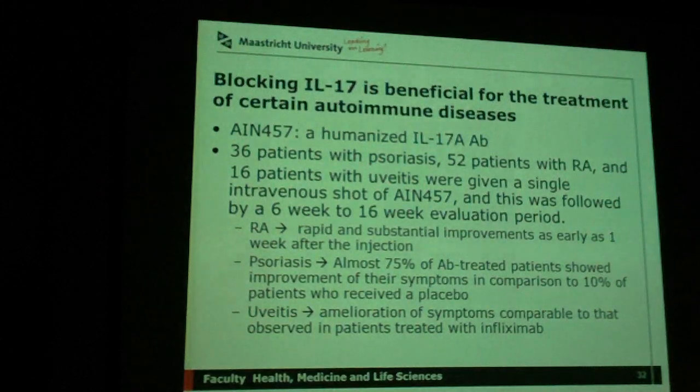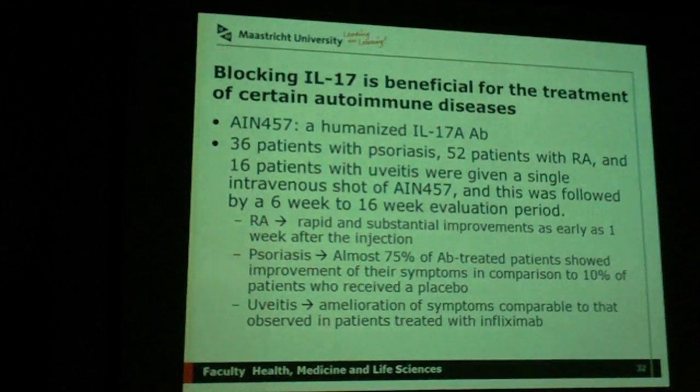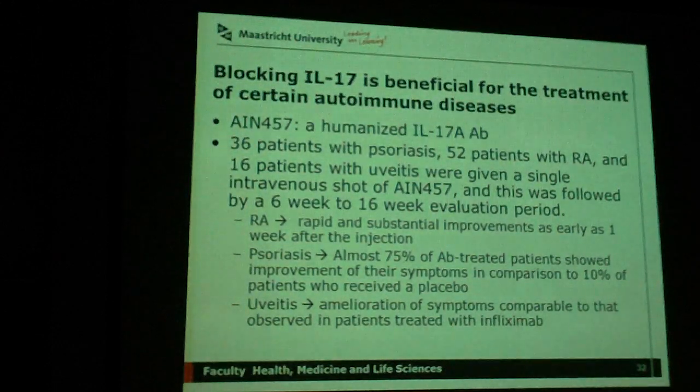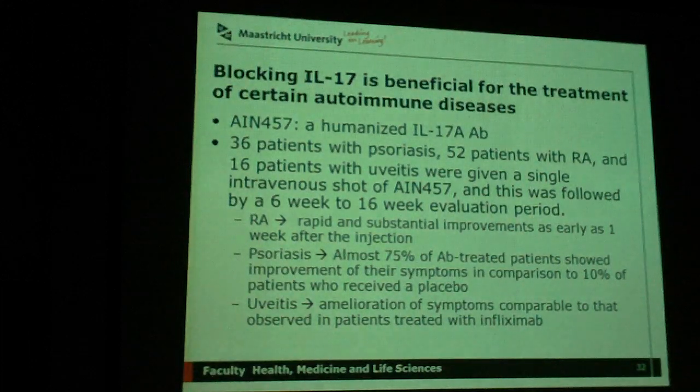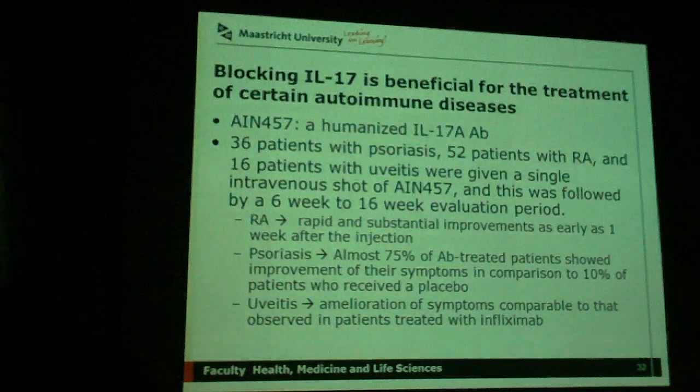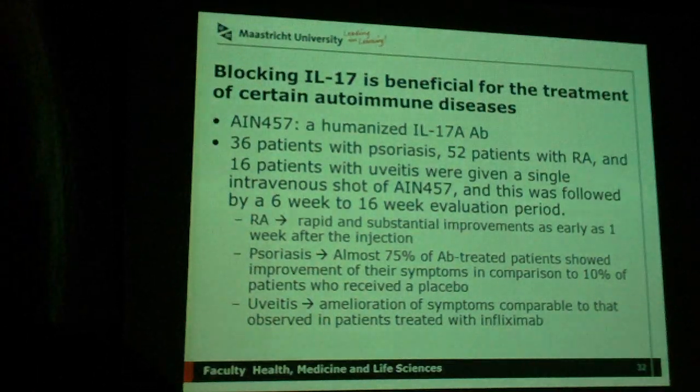These patients were given a single shot of this antibody intravenously, so in the bloodstream, and then patients were followed up during 6 or 16 weeks. In all cases, you can see that there was a really substantial improvement in RA already within 1 week. In psoriasis, almost 3/4 of all antibody-treated patients showed improvement, and also in uveitis, it appeared to be very effective.